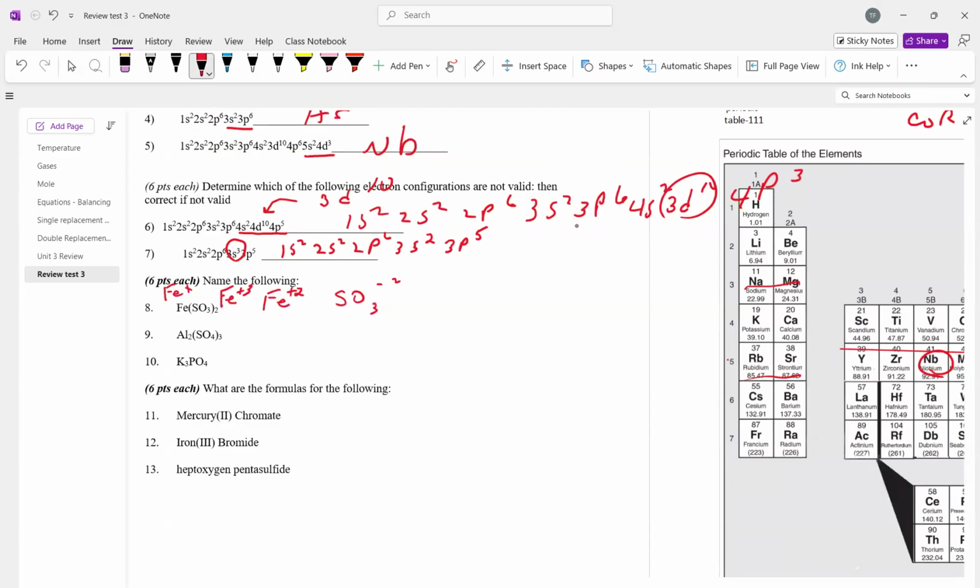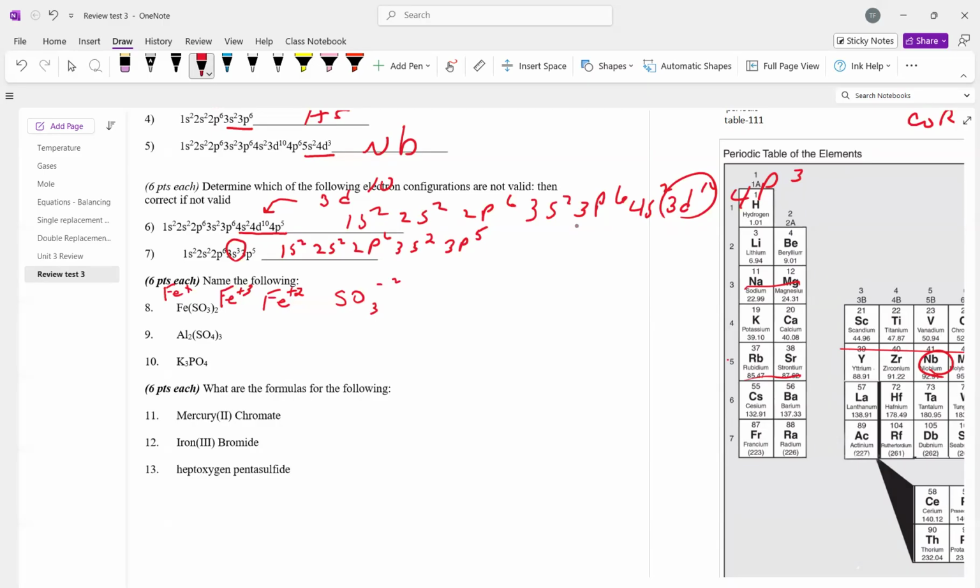So what does that make the iron? Plus what? And on your common ion chart, it's not there. But remember, common ions means there are non-common ions as well. So what forces the iron to be plus 1, 2, 3, 4, 5, 6, 7, 8?